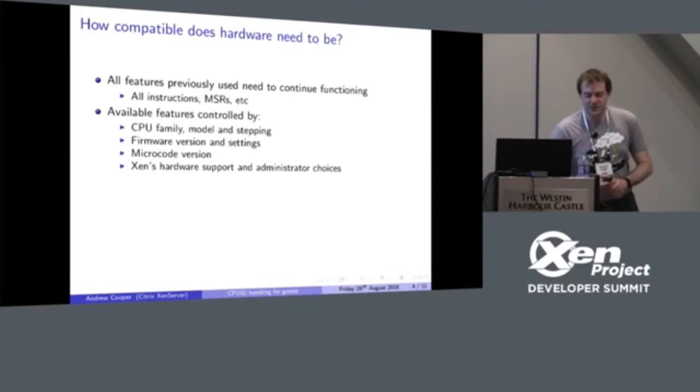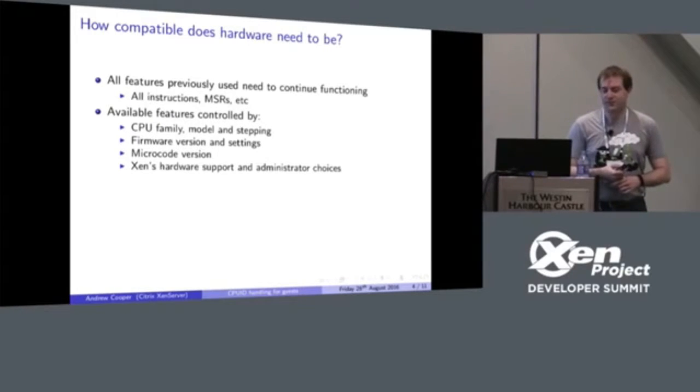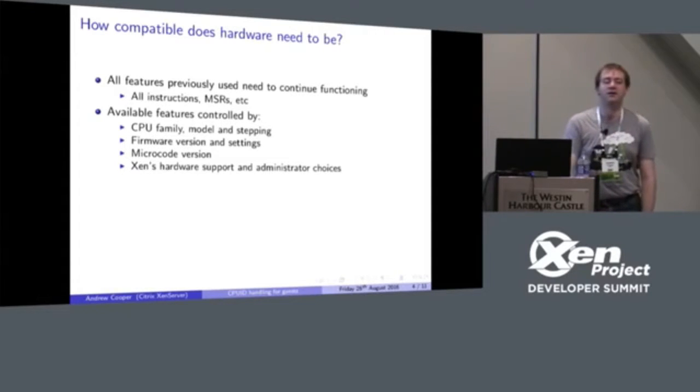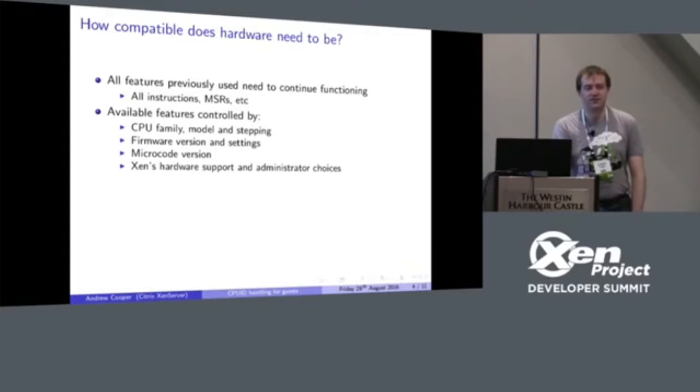Features, and this is not an exhaustive list, come from various places, the CPU to start with, but you've also got BIOS settings, so a whole lot of firmware can disable features and set lock bits so you can't turn them back on. Microcode version affects features, particularly if you remember transactional memory, where a microcode update took a feature out of the system.